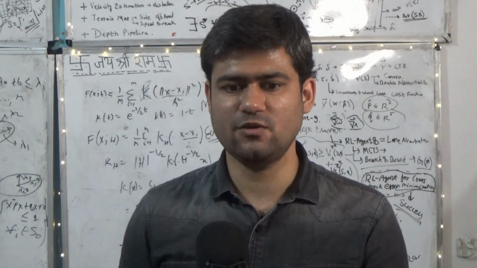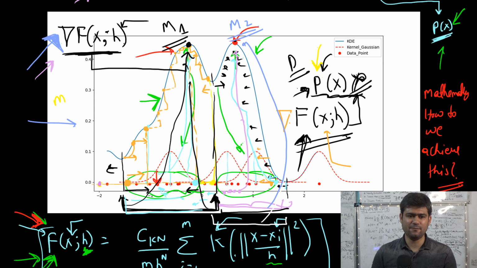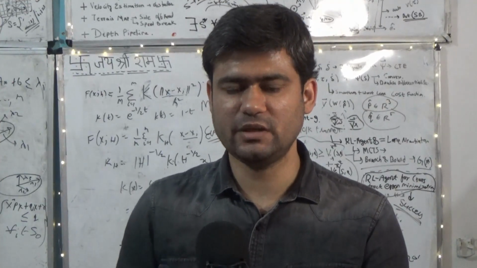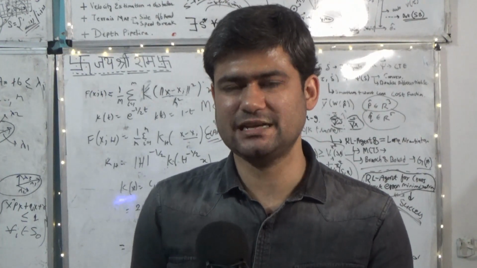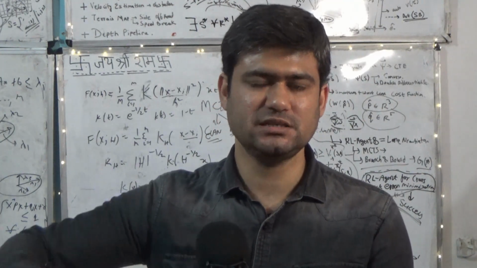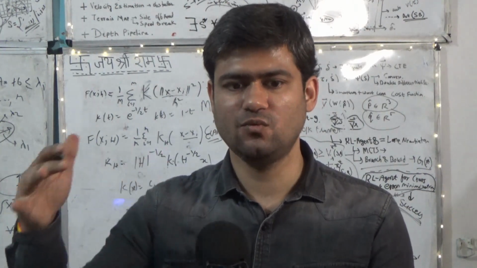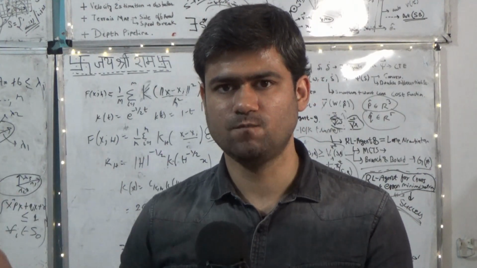Now the question is, what point should we start from? We know that we have m data points in the dataset D. So we can start from each of the m data points as our initial point, and whatever modes those data points are associated with, the gradients will take us to that mode.